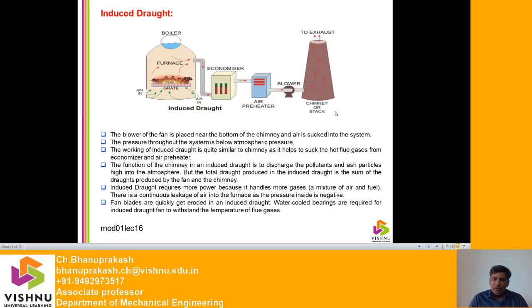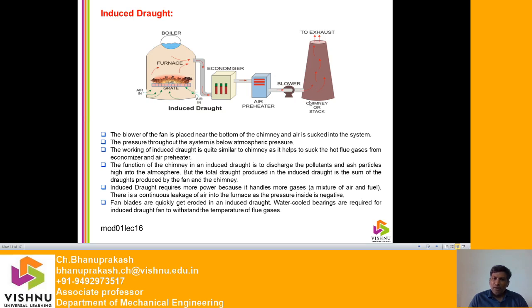The total draught of the system in the induced draught is the sum of the draught produced by the fan or blower and the chimney. Both get added. That is the final total draught of the system.